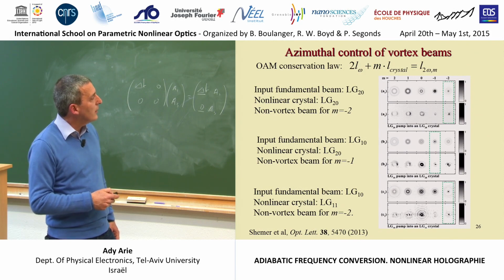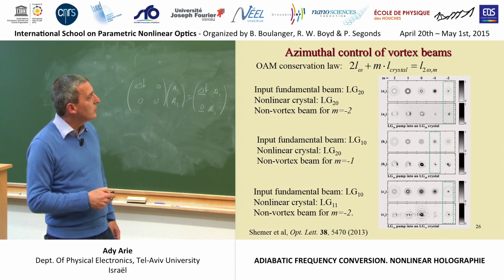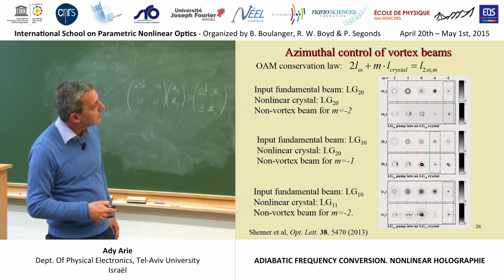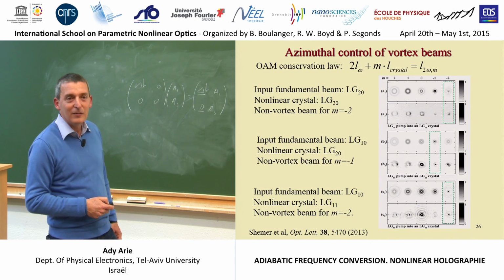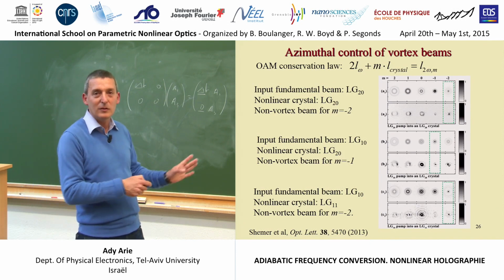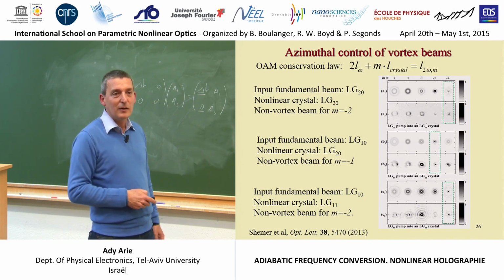So let's say, for example, I start with LG 20. So I have here 2, I have 2 times 2 is 4. But here I have minus 2, and the crystal is also 2. So 4 minus 4 is 0. So if I go to the minus 2, I should get a beam which doesn't have any hole. It should be a regular Gaussian beam.